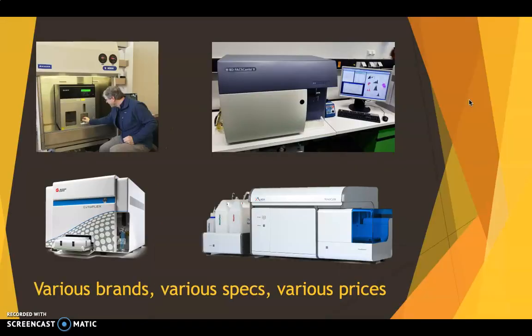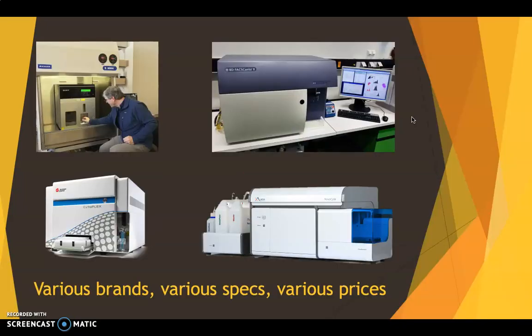So there are various brands and various specs with various prices that we have in the market. The one that we actually plan for the practical class is the second one, FACS Canto 2. However, due to the current circumstances, we couldn't do a hands-on session, but we try to adjust as much as we can in this current climate.